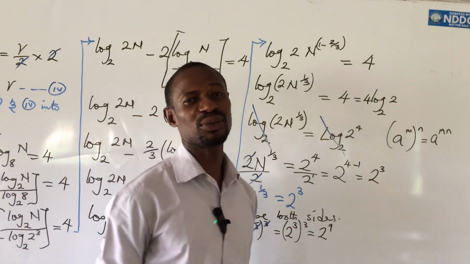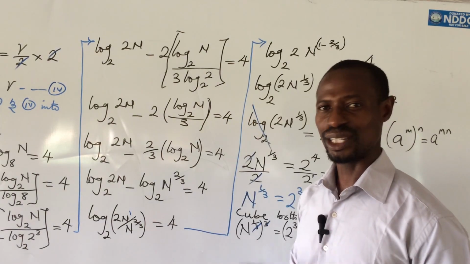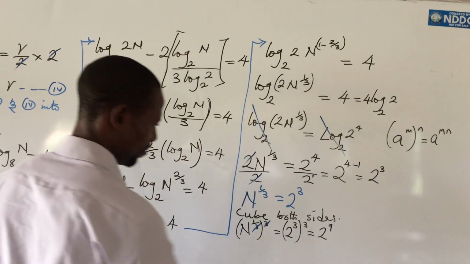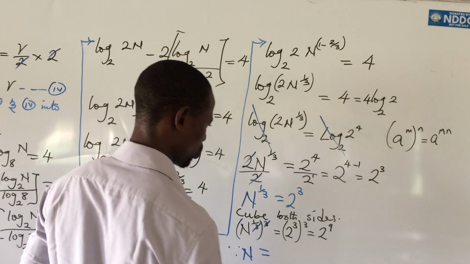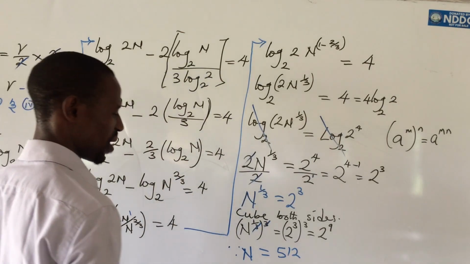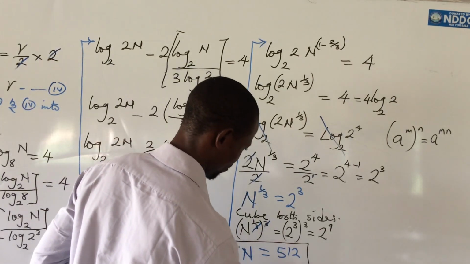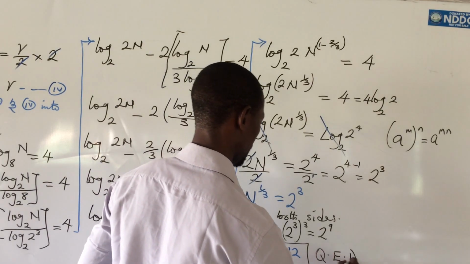It means 2 times 2 times 2 times 2 into 9 places, and that will give us 512. And so, therefore, our n is equal to 512. And this is what we are asked to look for. Very easy. Q.E.D.